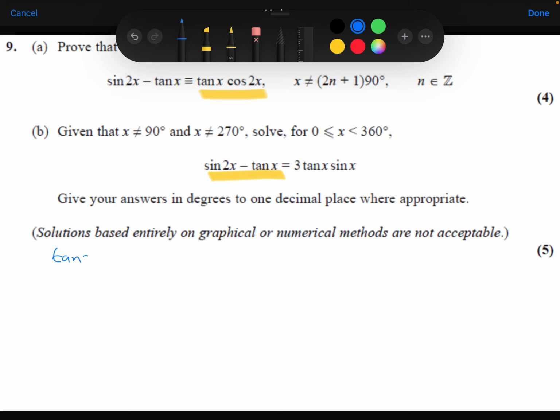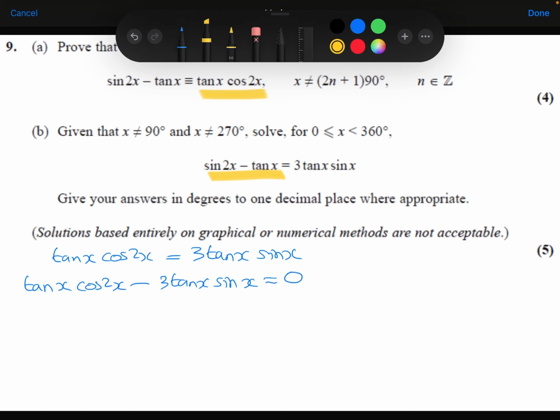So tan x cos 2x replaced will equal 3 tan x sin x. I am now going to make this equation equal to 0. So take 3 tan x sin x away from both sides. I can see I've now got a tan x in both of these terms, so I could factorise that tan x outside.